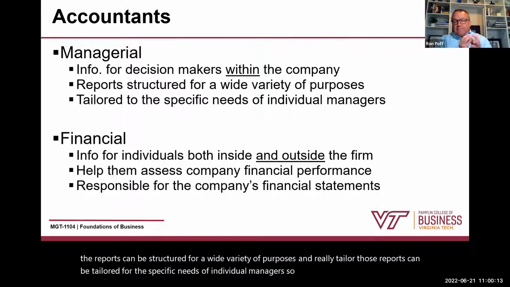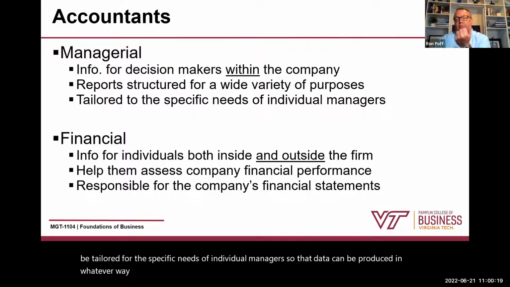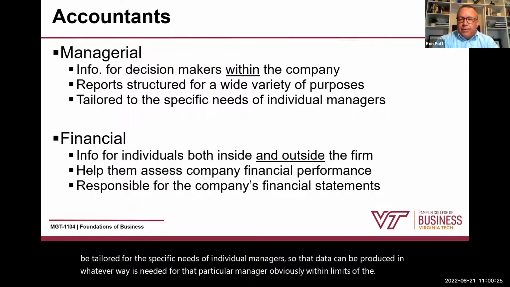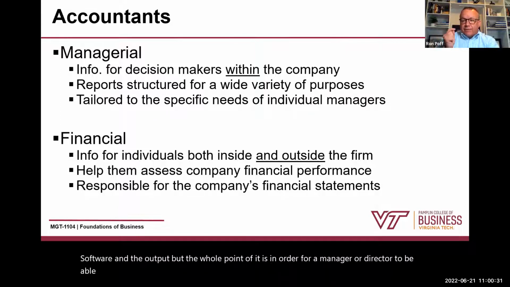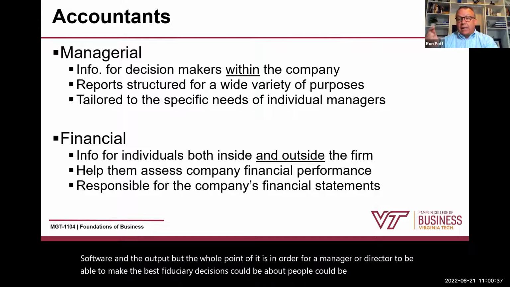So that data can be produced in whatever way is needed for that particular manager, obviously within limits of the software and the output. But the whole point of it is, in order for a manager or director to be able to make the best fiduciary decisions, could be about people, could be about budget, could be about a customer.